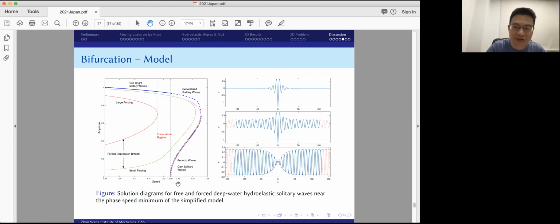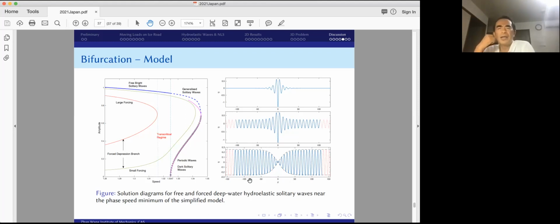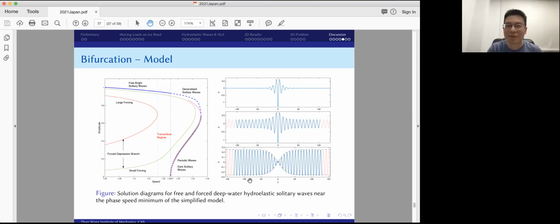I haven't tested the stability of generalized solitary waves, because I have to say I cheated a little bit: when I compute these solutions, I use periodic boundary conditions. So this is not real. You see, I add some red dashed curve on the tail.